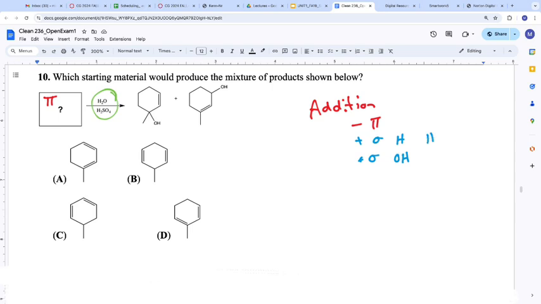It supplies H plus through the sulfuric acid, and then it also supplies that water, which would be our OH, and that we would somehow then lose that other hydrogen through the course of the reaction. Okay? So that oxygen would likely be our source of electrons, and our hydrogen would be our positive. Okay? We could pick that up from the reagent, which would again suggest that more than likely we started with a pi bond instead of just cheating and looking at our answer choices.